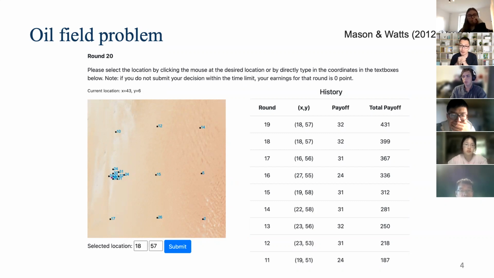Your goal is, over these, I think it's 20 rounds, to collect as much oil as possible, or maximize your payoff over this 20 period of time, right? As we mentioned, this is related to ambidexterity, because here you need to have a good balance between exploration and exploitation. You need to first explore the field so that you have an idea of the distribution of the payoffs, but at the same time, you need to exploit your knowledge of the field after you get some knowledge in order to maximize your payoff.